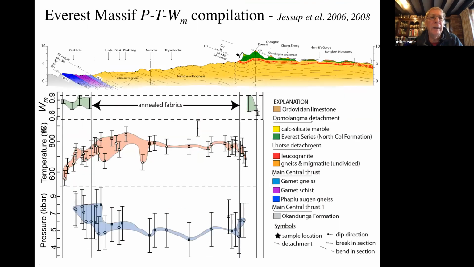So when you look at the metamorphic sequence, I had a couple of PhD students, Micah Jessup from the US and John Cottle, who was a New Zealander doing his PhD in Oxford. And between the two of them, they were looking at the pressure temperature conditions of the GHS metamorphic sequence all the way up from the main central thrust zone down here.